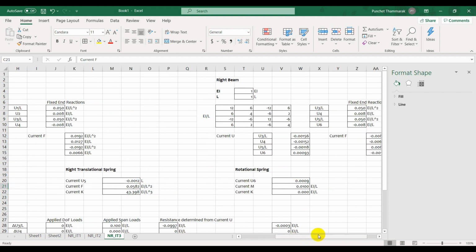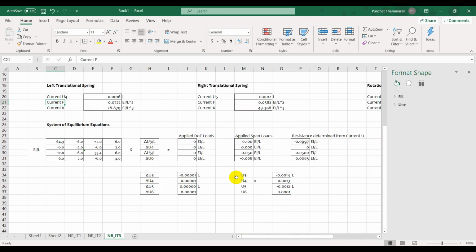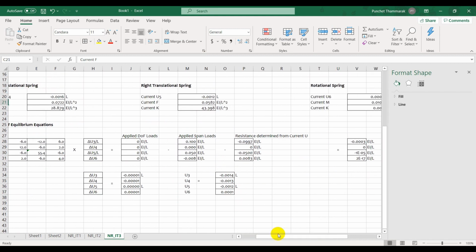So we update all of them. You have the new beam force and the new spring forces. Okay. Update, get the new solution, which is over here.